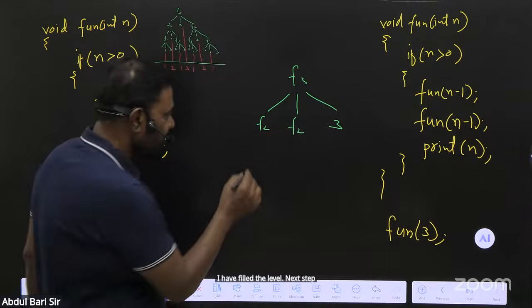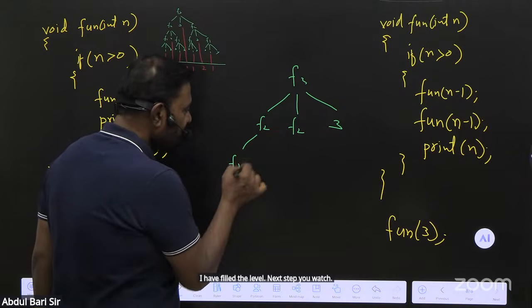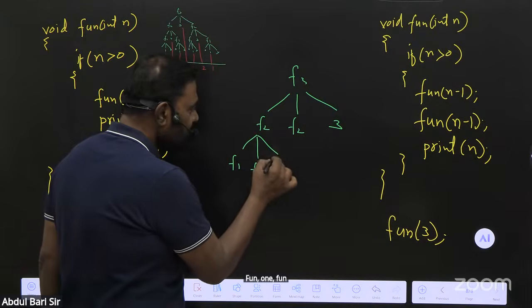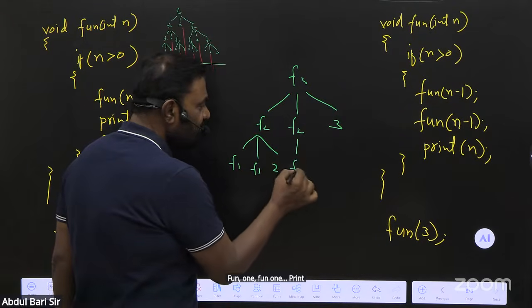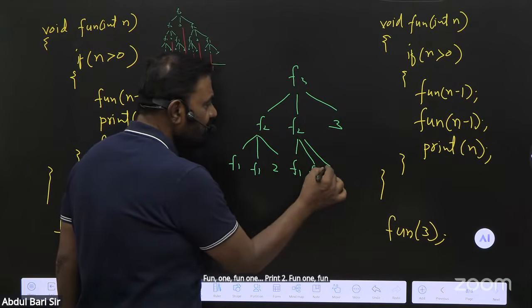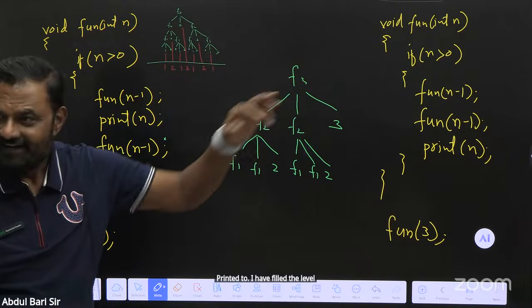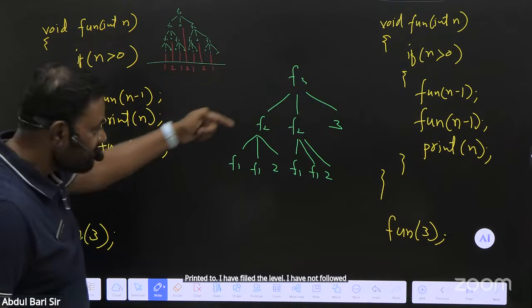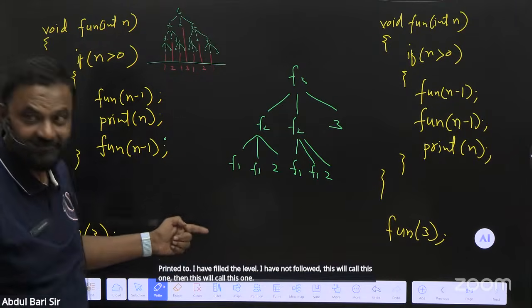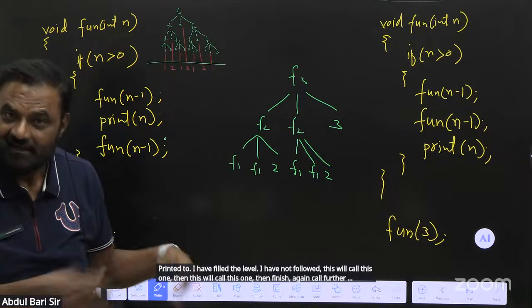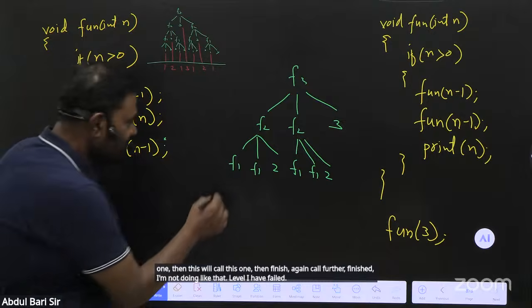Next step, you watch. Fun of 1, print 2. Fun of 1, print 2. I have filled the level. I have not followed this will call this one, then this will call this one, then finish, again call further, finished. I am not doing like that. I have filled the level.